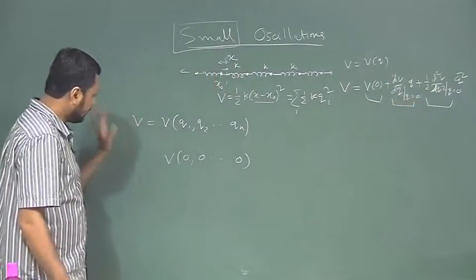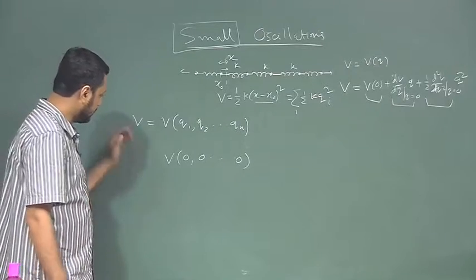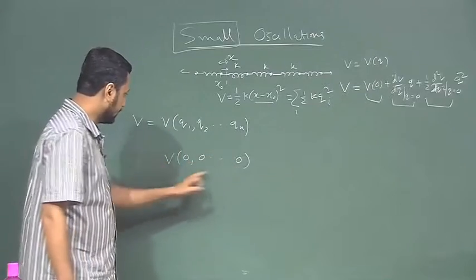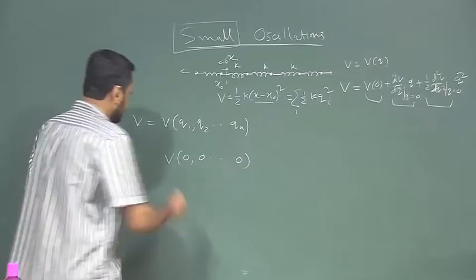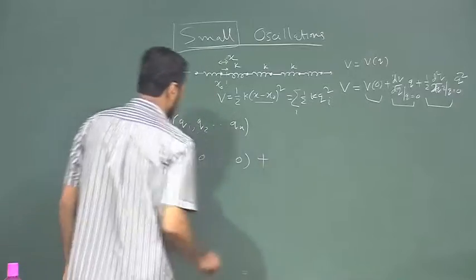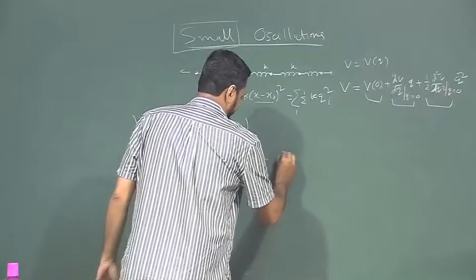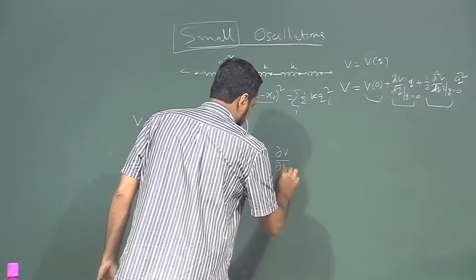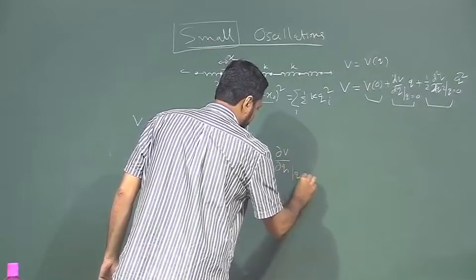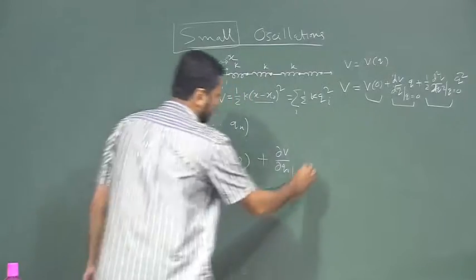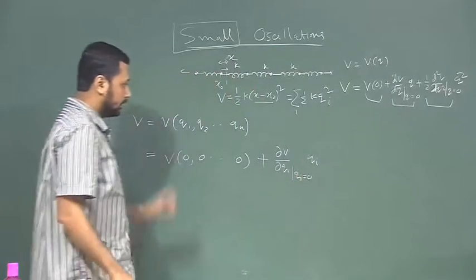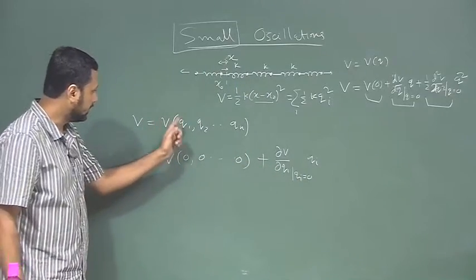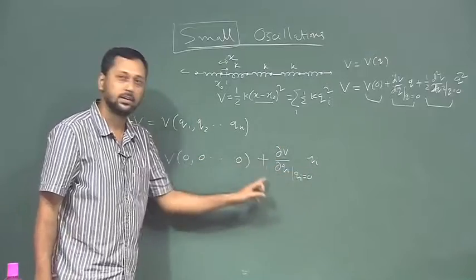Now, we can do the same procedure here, and derive a Taylor series expansion of the function V around the equilibrium position. In this expansion, the first term is V(0), the second term will be the sum of del V del q i at q i equal to 0, multiplied by q i. This is a summation term. For each of these individual q's, we have to have a partial derivative.